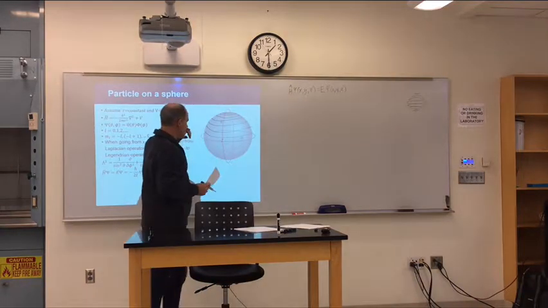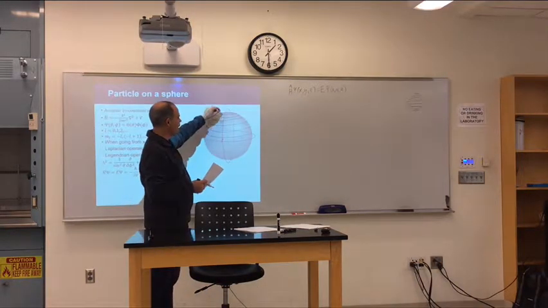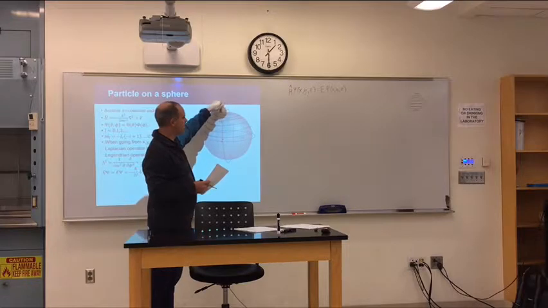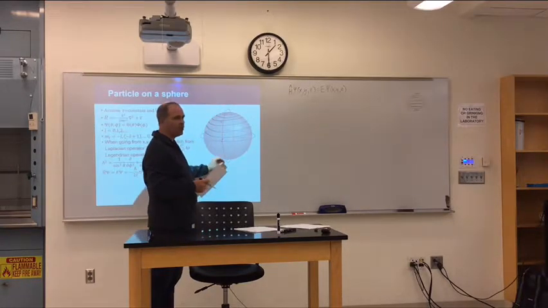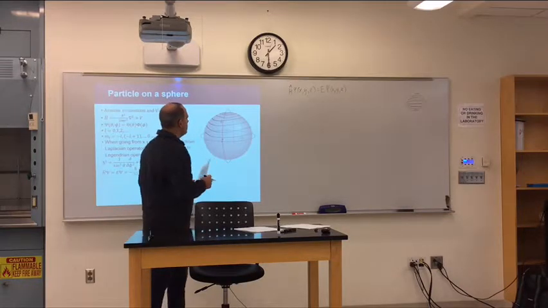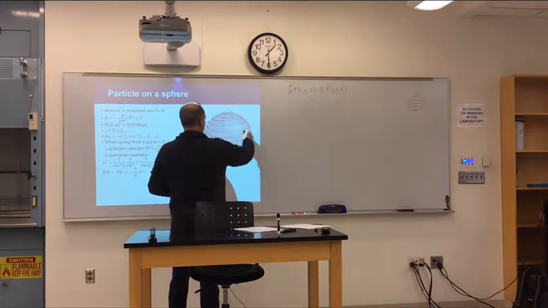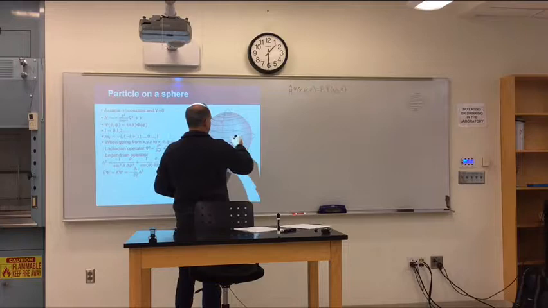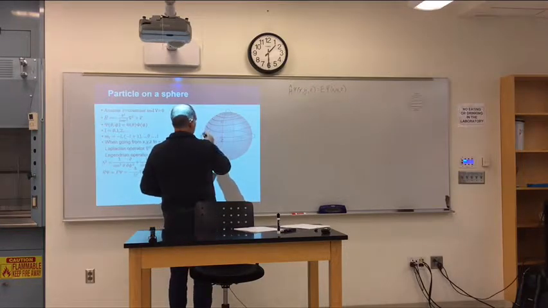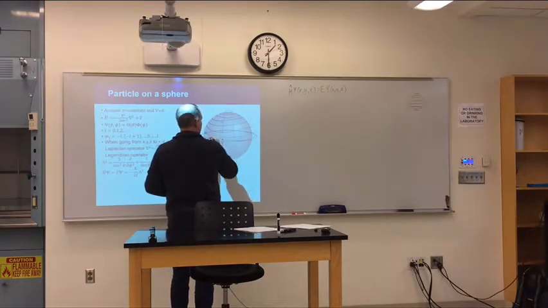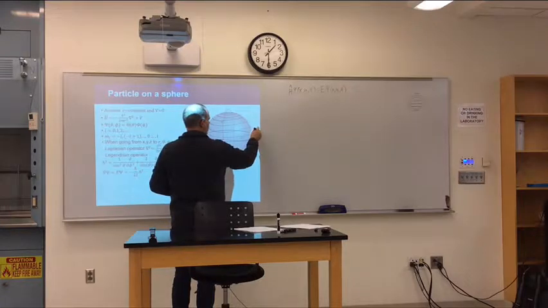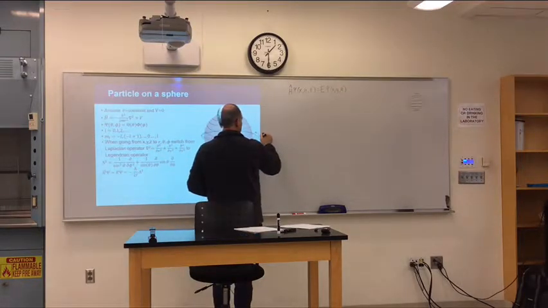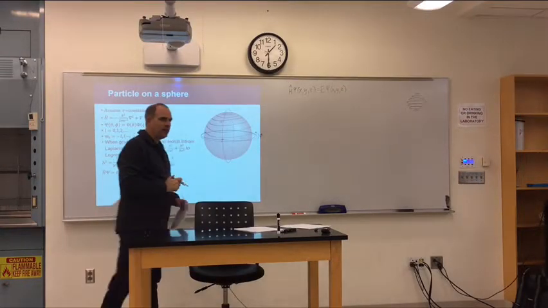Then conceptually, we're going to think about this as our particle on a ring, and we just stack a whole bunch of rings to make the spherical shape. So we're going to be going around our circles, our rings, and the angle that we use to go around is again going to be our phi.